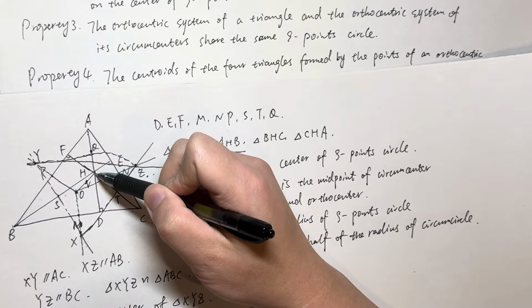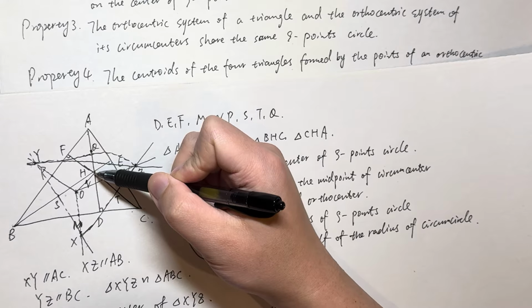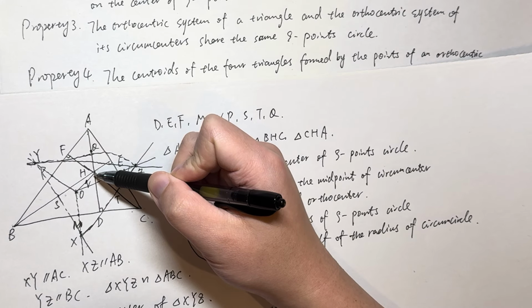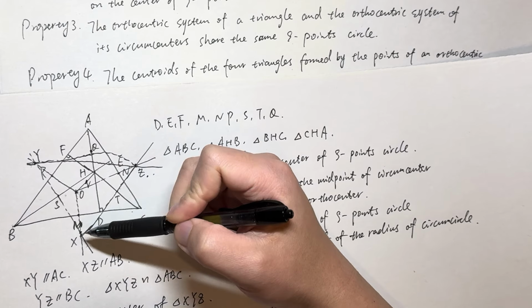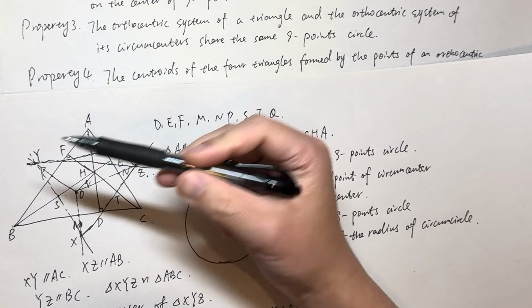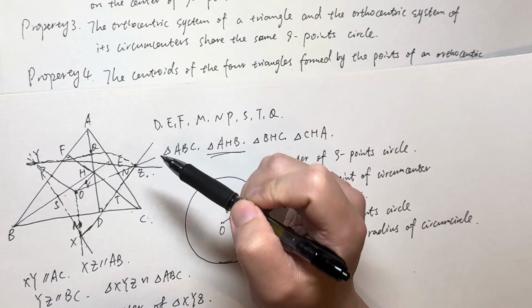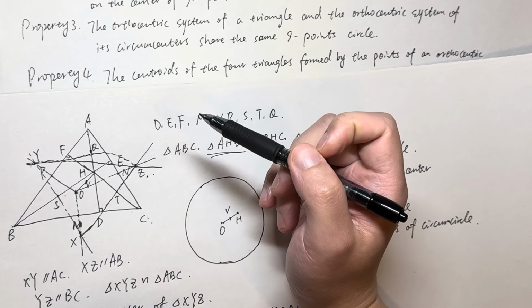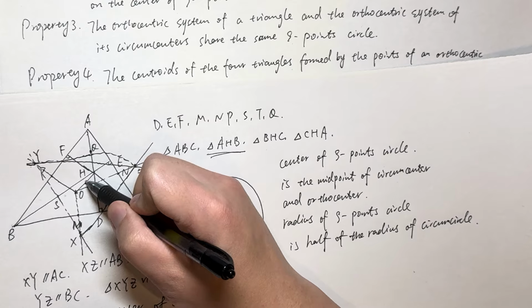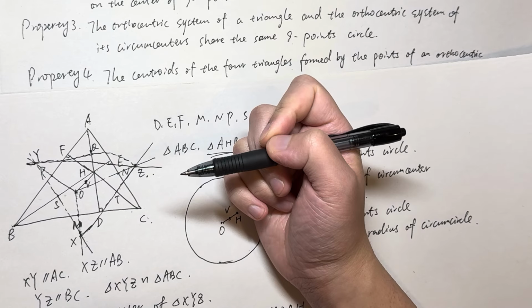Because once we prove that H is a circumcenter of the triangle XYZ, now we know that for the two systems, their 9-point circles are all centered on this point V, right?